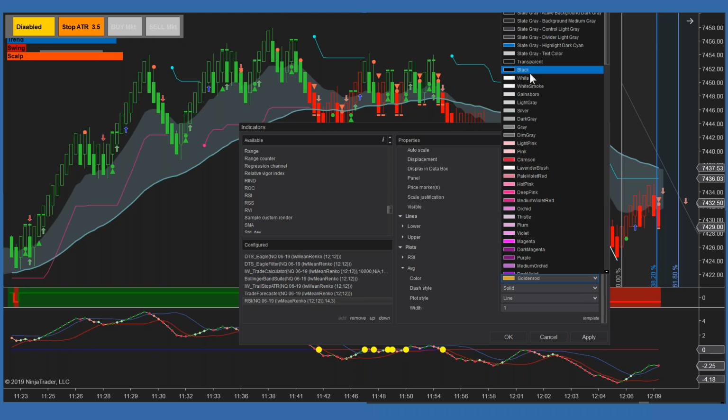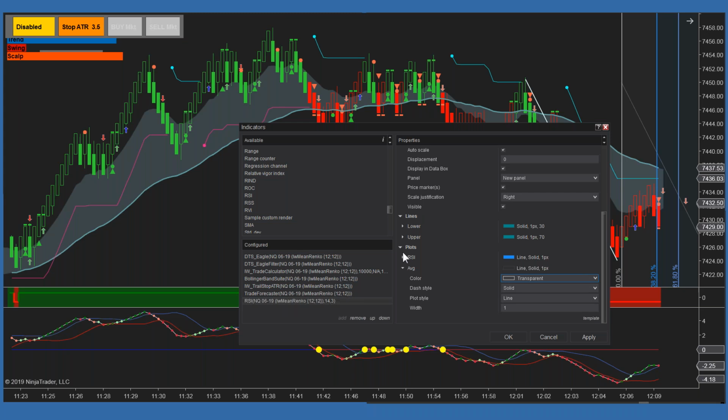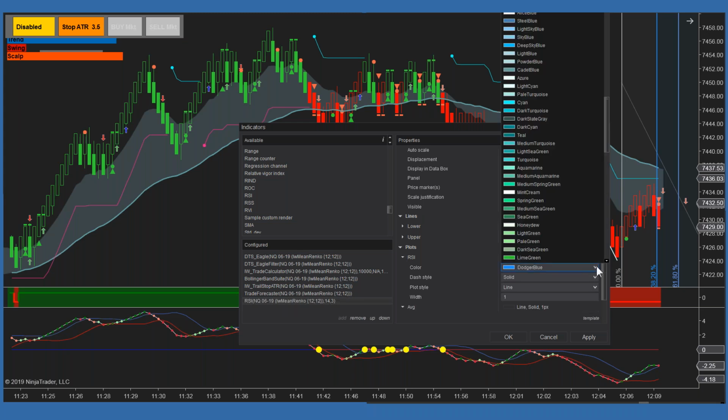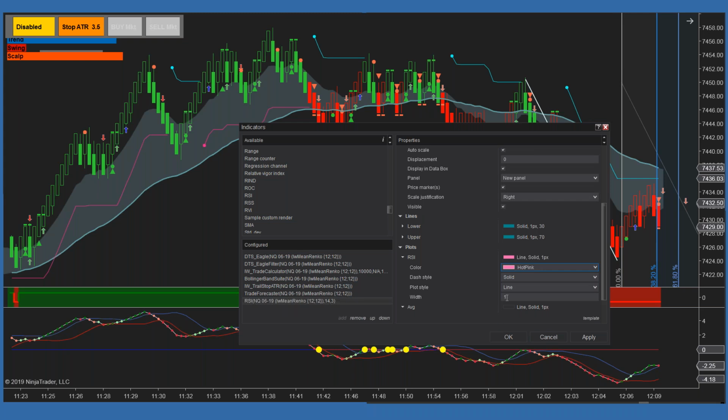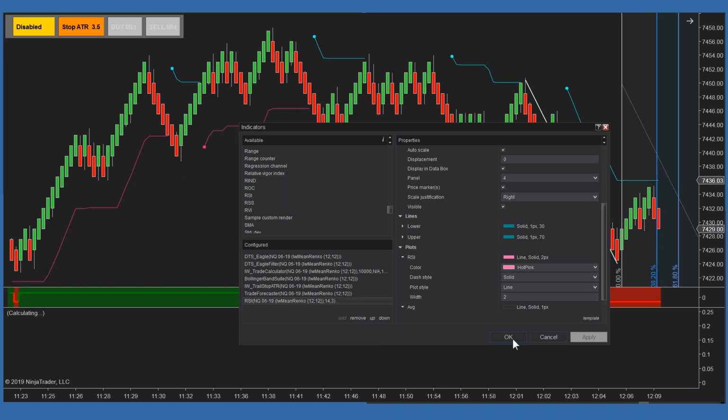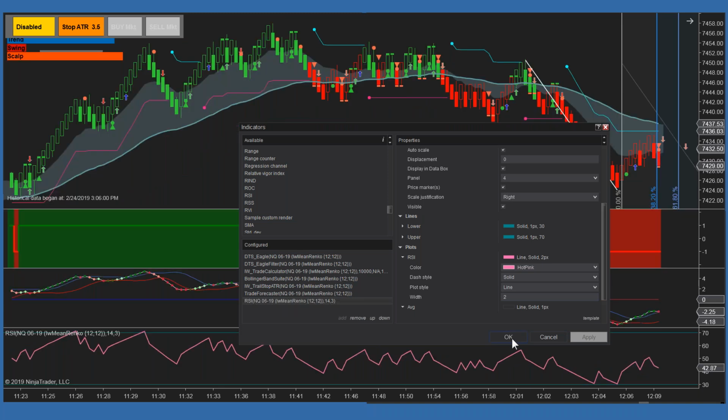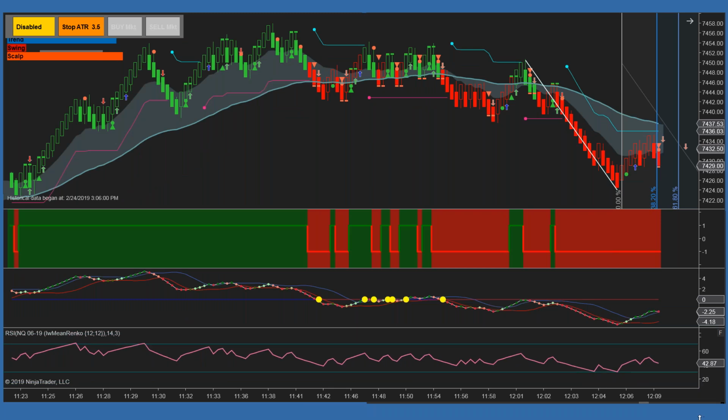I'm just going to delete the average line, make that clear, and my RSI has always been, well, it used to be fuchsia when we had fuchsia, but I guess I'm going to have to settle for hot pink. Well, no real clue on the RSI either.